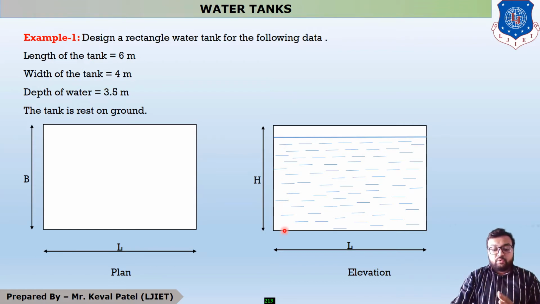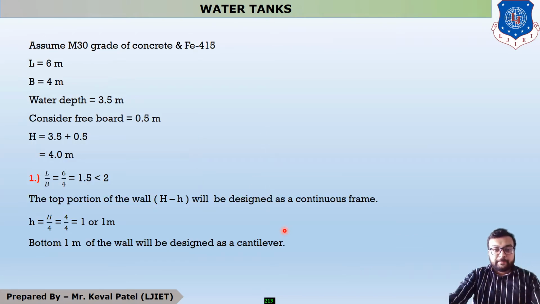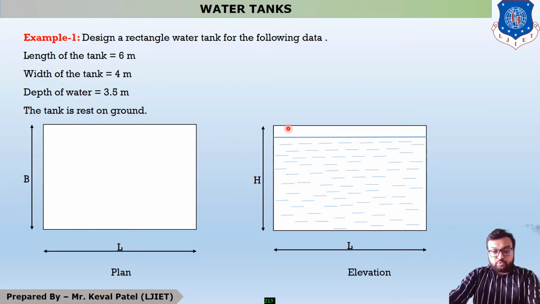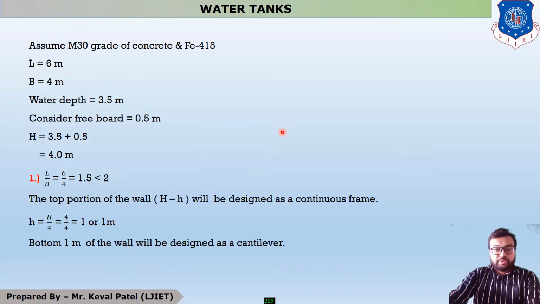But we have to find out our total depth, means total height of water tank. We have to consider freeboard because this portion is called freeboard. We consider the freeboard as 0.5 meter. It means the total height of water tank is equal to 4 meter.